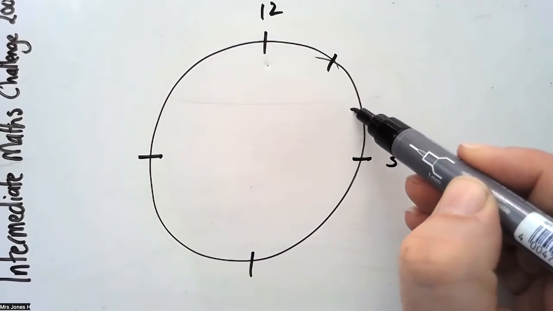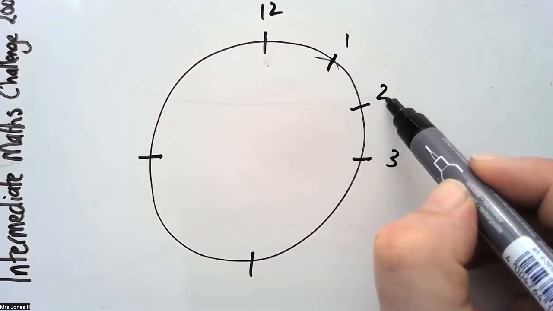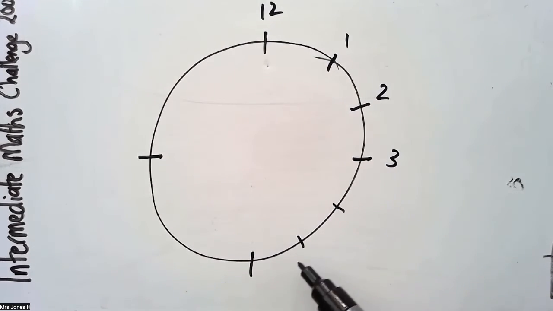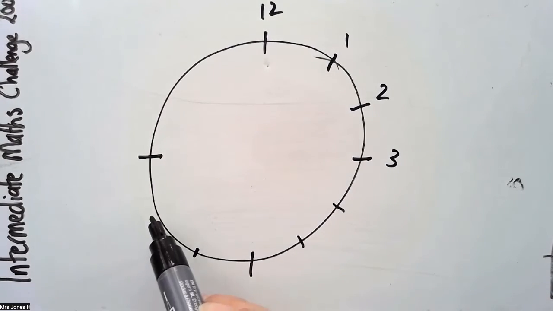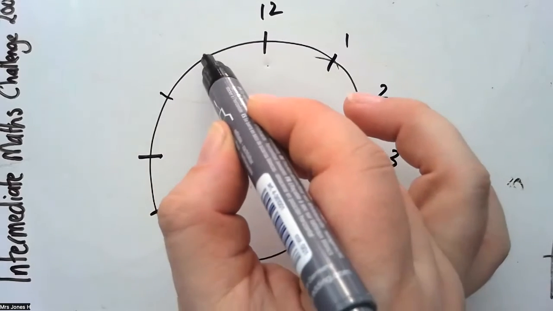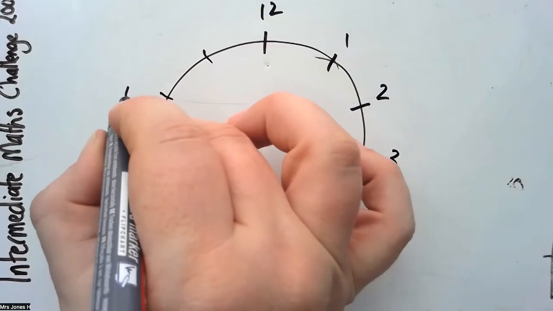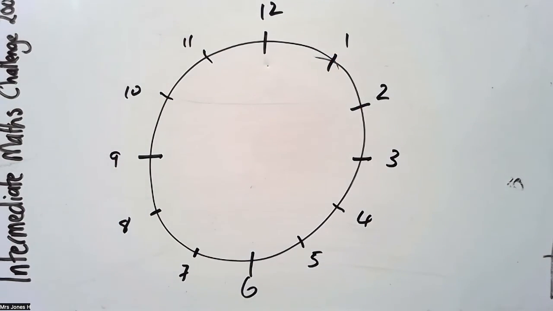In between here, you have 2. So this is your 1, your 2. Learning how to divide something into 3 equal bits is a useful skill to have when you're sketching things out. And I get to use that quite a lot as a math teacher.